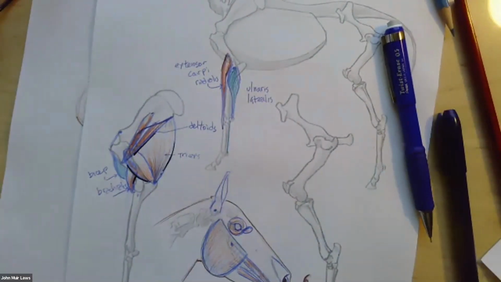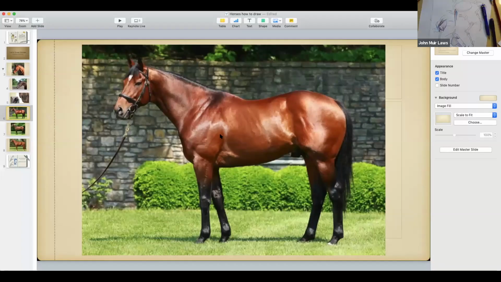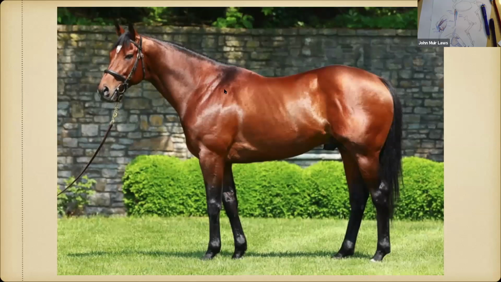So I'm now going to switch over to the picture of the horse again. And let's look at this forelimb, all right? So here you see a big bump. Here you see a big bump on the back.